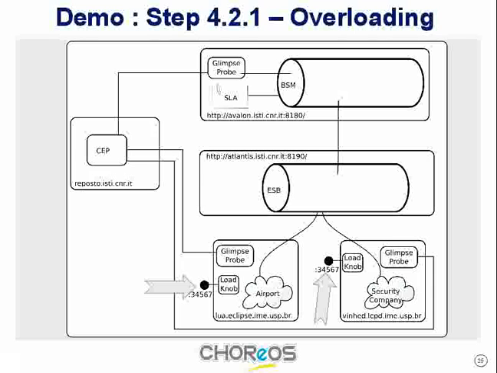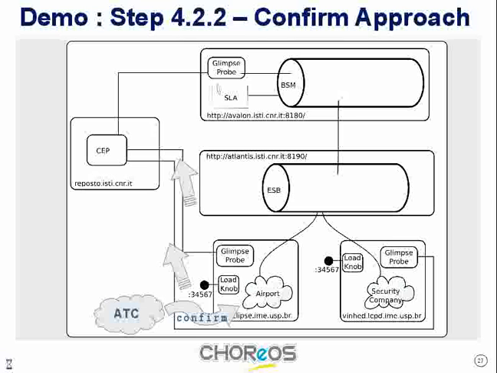But the probes from Glimpse detect this anomaly of the infrastructure and start sending information to the CEP saying, hey guys, here we have a problem at the infrastructure level.